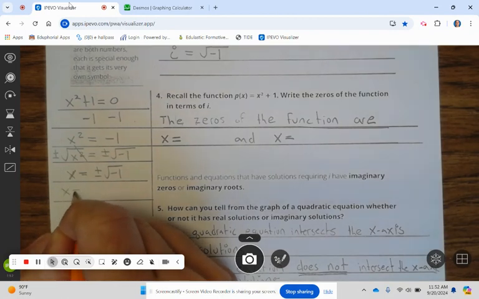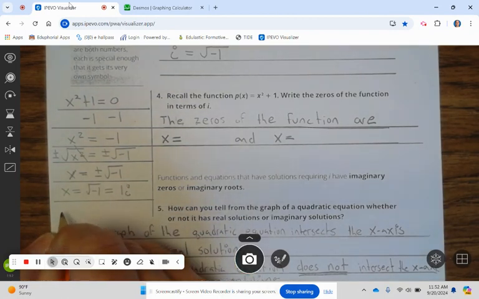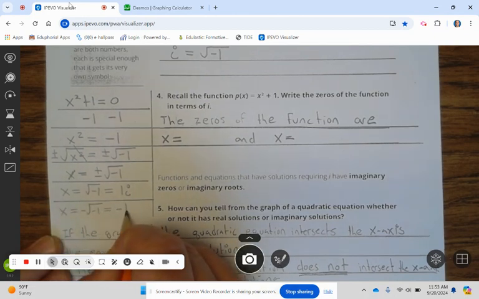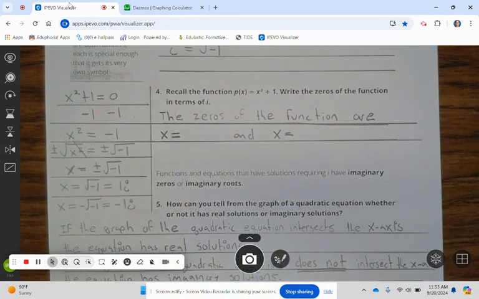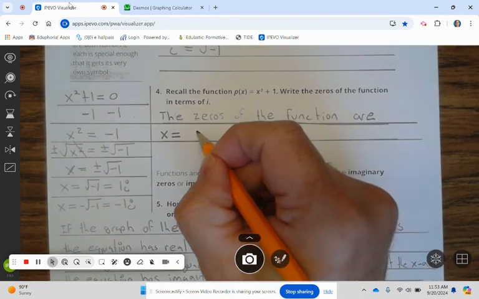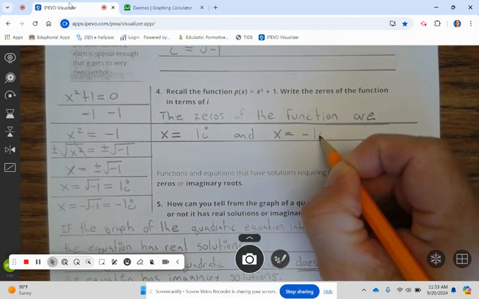So x equals the square root of negative 1, which equals 1i, and x equals negative square root of negative 1, which equals negative 1i. So the zeros of the function are x equals 1i and x equals negative 1i.